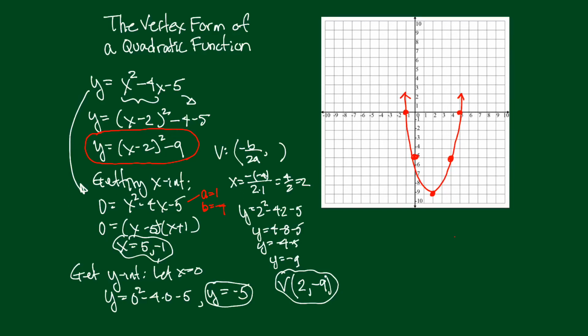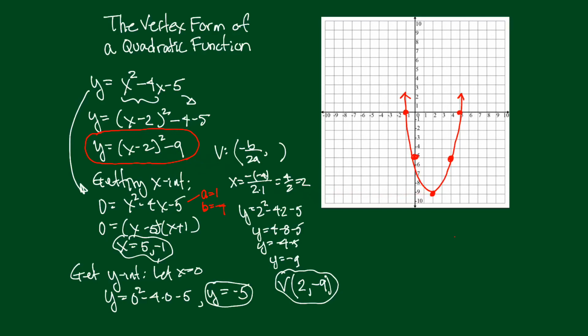Now look again at our form up here that we circled in red a while back, and look what information is contained in here. Go down here and look at our vertex. Where's the vertex? Well, it's over 2, to the right 2, down 9. Now look back at this form. Can you see the vertex right in that form? 2, right? If you were to solve this, you'd get, what's going to make this 0? 2 and negative 9, right?